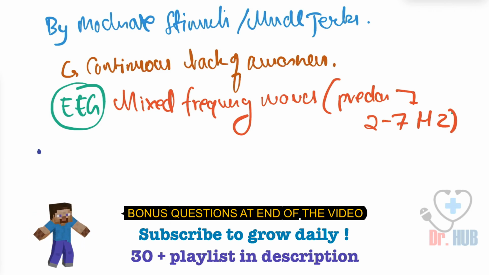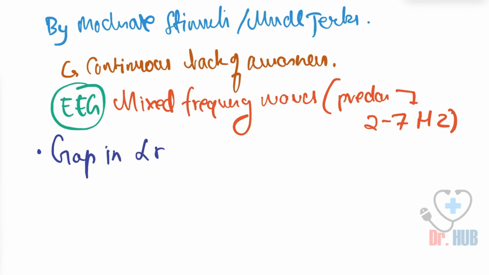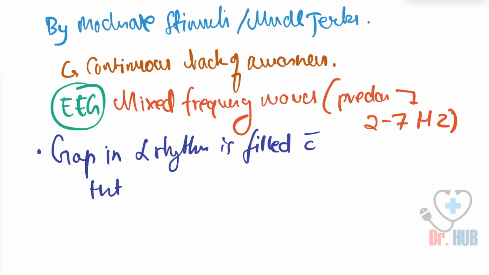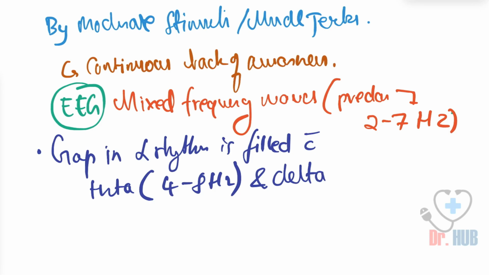Next, we look at the gap in the alpha rhythm. There is a gap in the alpha rhythm, and this is filled with theta, which is 4 to 8 hertz, and also delta, which is activity slower than 4 hertz.